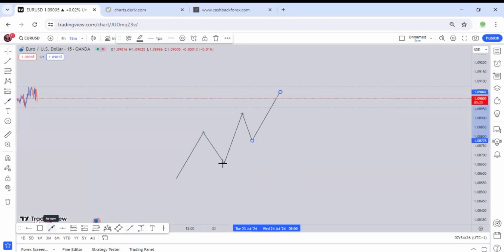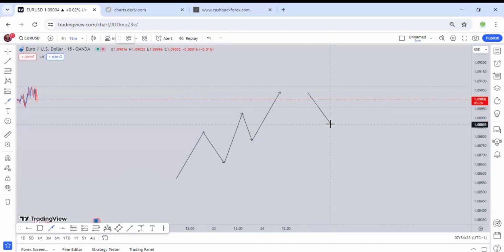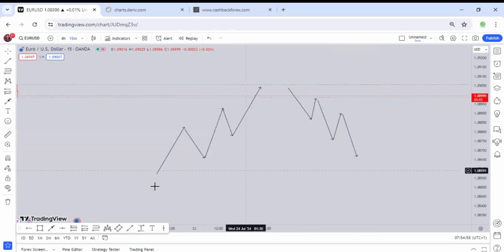For a bearish structure, you have a high, then a low, and a lower high, then a lower low, another lower high, and another lower low. Please don't mind my drawing. I'm not a drawing student. So this is the basic structure of the market.